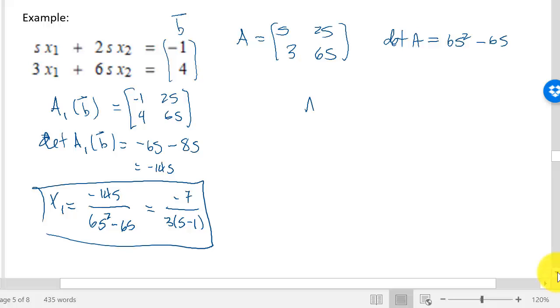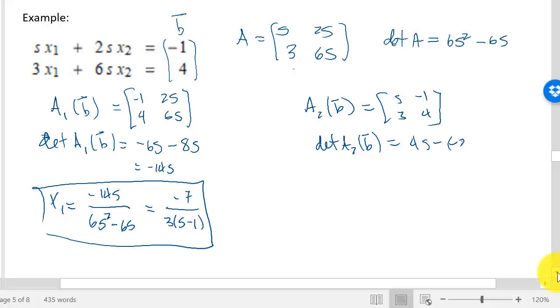And then now A2 of B is going to be the matrix with 2s, 3 in the first column, and then negative 1, positive 4 in the second column. So the determinant of that is going to be 4s minus negative 3.